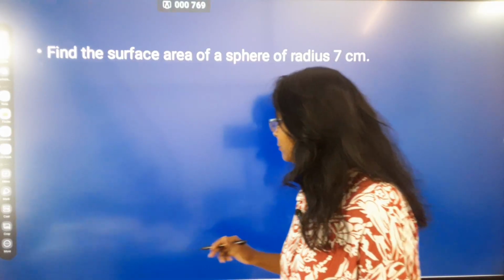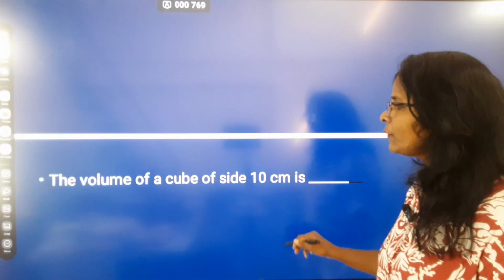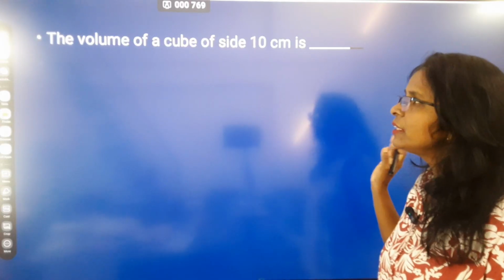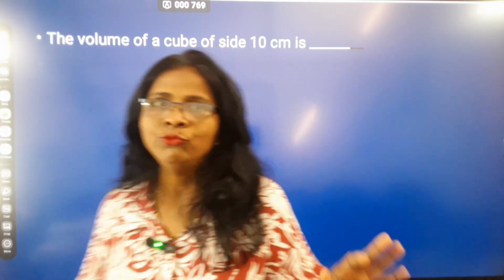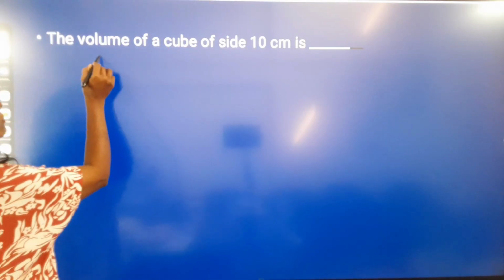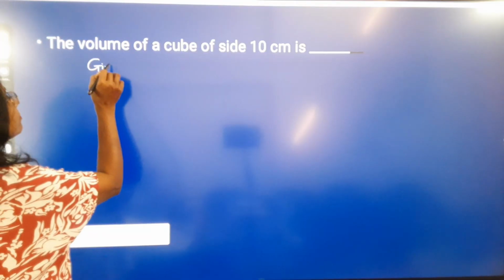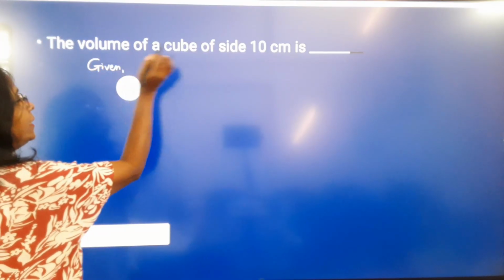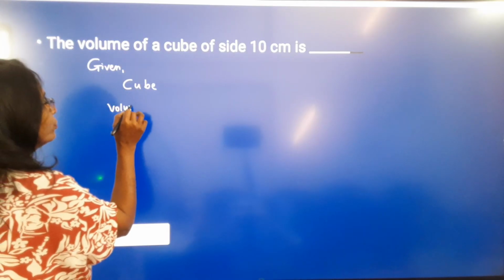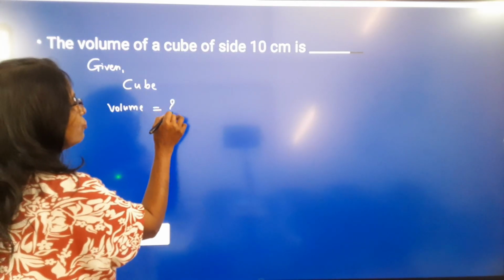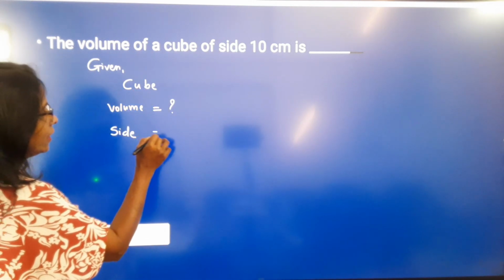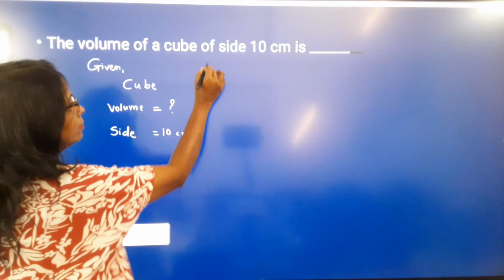Okay, so now the next one: the volume of a cube of side 10 centimeter is. Okay, so we have to find out the volume and the given figure is the cube. So now here first write down the given. Here I write down the name of the figure, that is a cube, and then write down volume of cube. Volume is equal to question mark, and then side is equal to 10 centimeter.